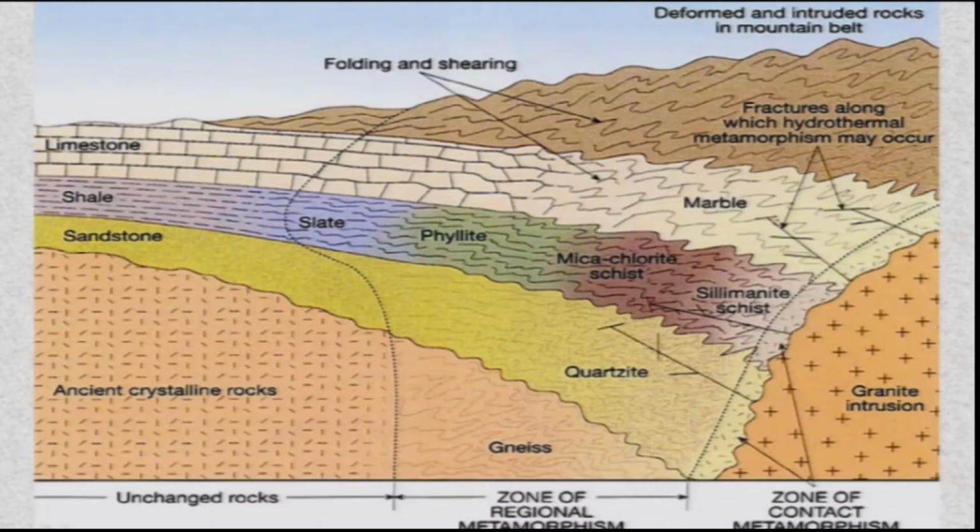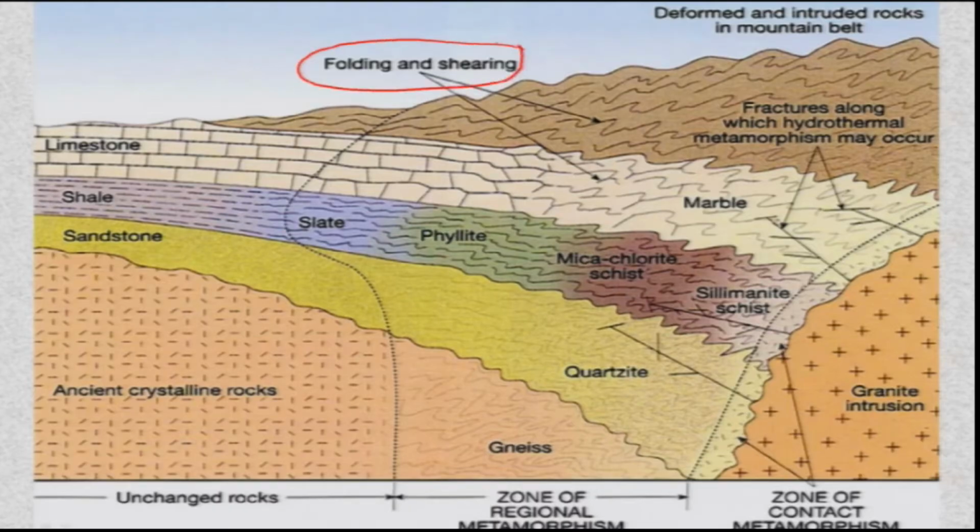If you look at how these sedimentary rocks are subjected to deeper burial, or to high temperature and pressure at the deeper part of the earth's interior, it is mainly because of the ongoing tectonic movements. Okay. So when the plate subducts, it takes the surface material into the interior of the earth, and it will be subjected to folding and shearing.